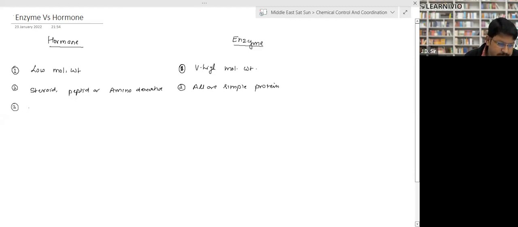Third difference, they act slowly or quickly. Hormones act quickly, and enzymes are slow.